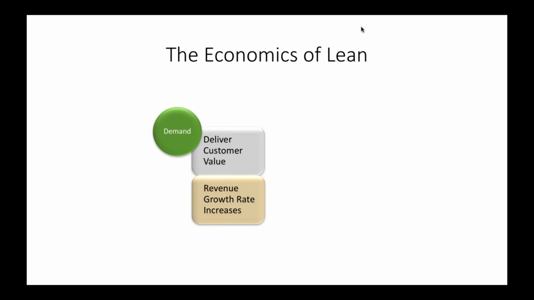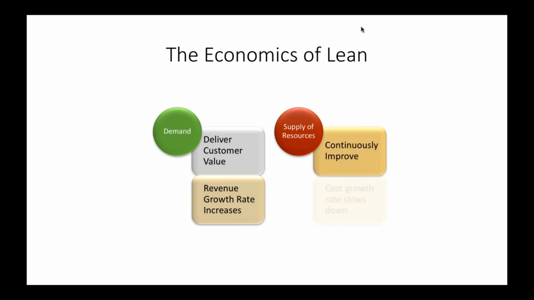In fact, when companies employ lean practices and transform into a lean company, they typically get better at delivering value compared to their history and compared to the competition. What this results in is that your revenue growth rate increases from your historical averages, and you also typically gain market share.